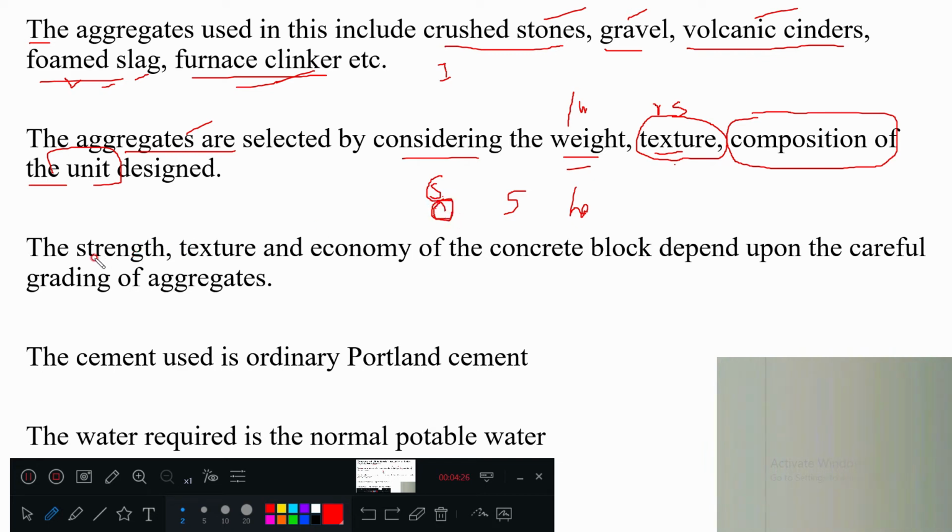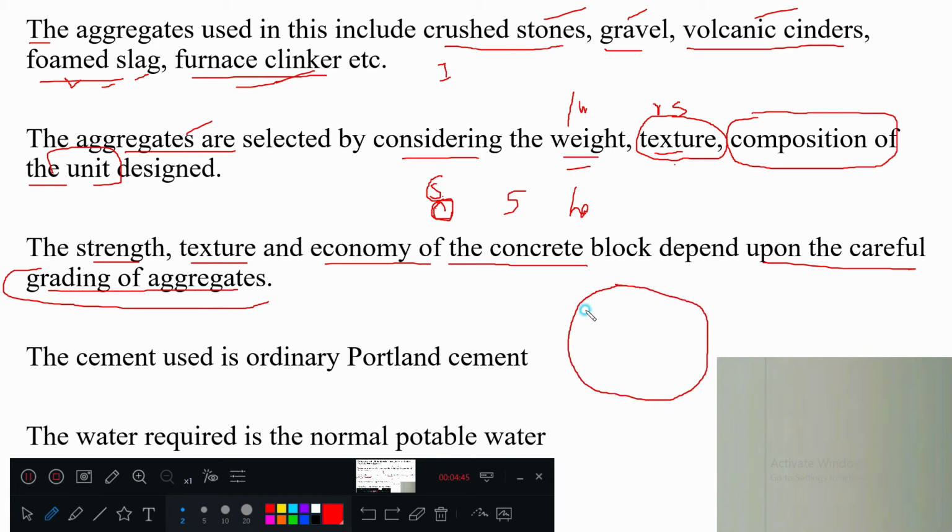The strength, texture and economy of the concrete block depend upon the careful grading of aggregate. I will explain grading simply here; detailed explanation will be done in the aggregate chapter. Grading means selecting the aggregate sizes and their quantity.